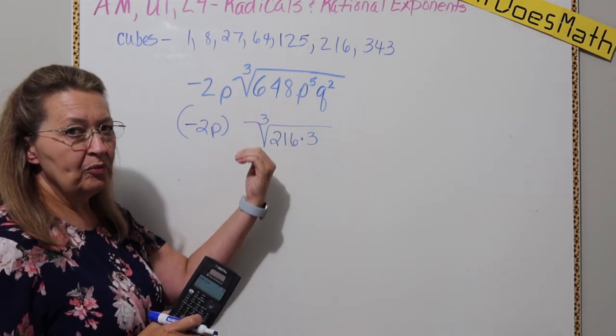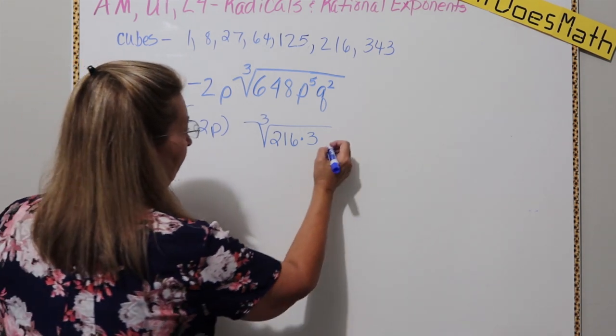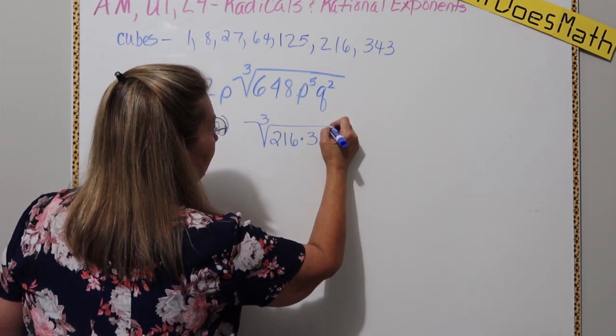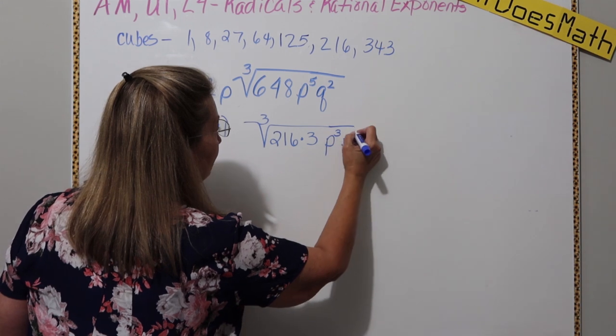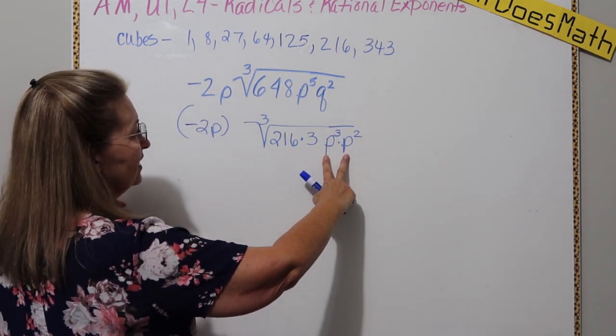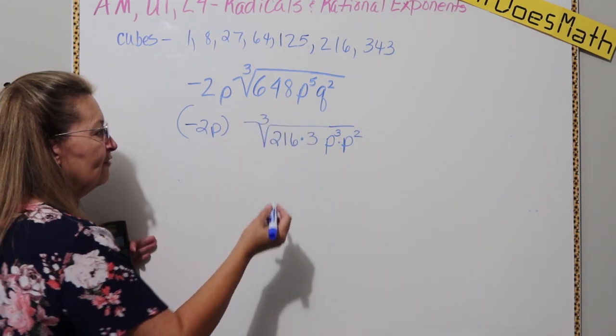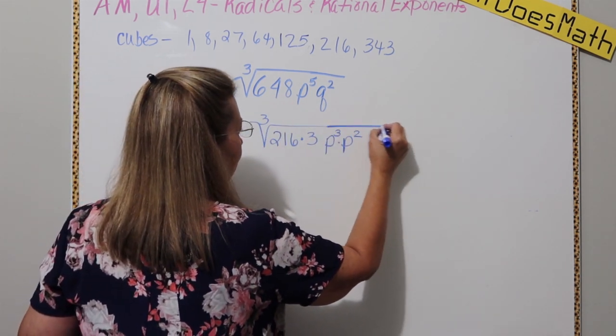What number is a little bit less than 5 but is divisible by 3? Well, p to the 3rd. Now you can't lose value, so p to the 2nd. P to the 3rd times p to the 2nd is worth the same thing that p to the 5th is. I'm just reformatting it so I can deal with it.